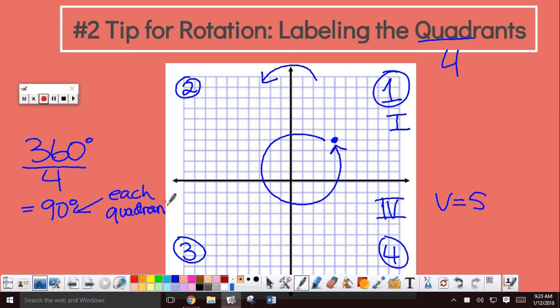So if we want to turn our little dot 90 degrees counterclockwise, we're going to end up somewhere in quadrant 2. What about if I wanted to end up in quadrant 3? How many turns would I have to make? Well, I'd have to make a 180-degree turn, right? I have to go 90, 90 to end up in quadrant 3.